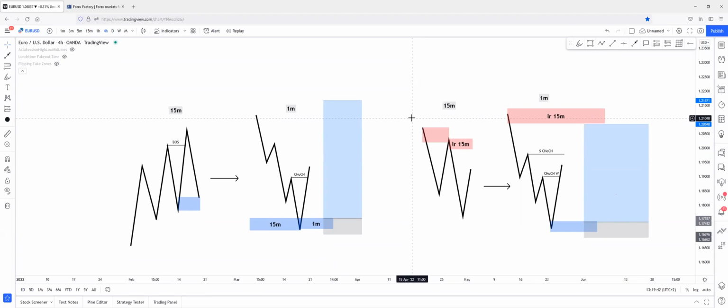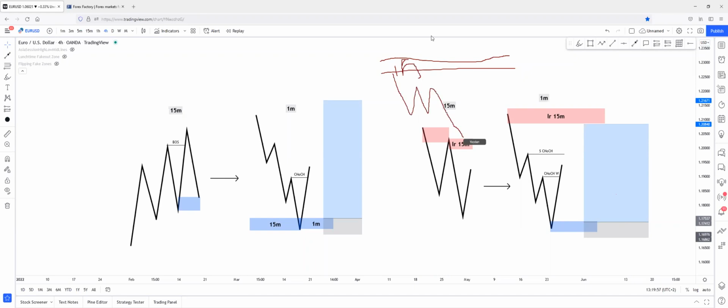We have a 15-minute zone, my drawing is bad, and price goes lower and doesn't mitigate the 15-minute zone and makes a 1-minute order block. How do we react on this 1-minute order block? This is part of the liquidity, as you can see.